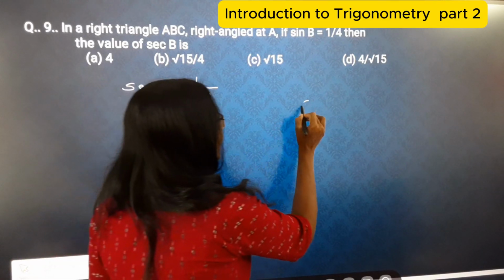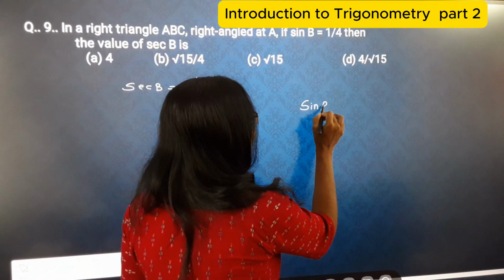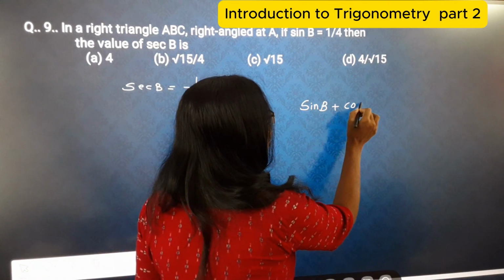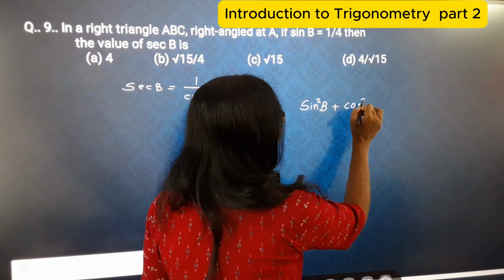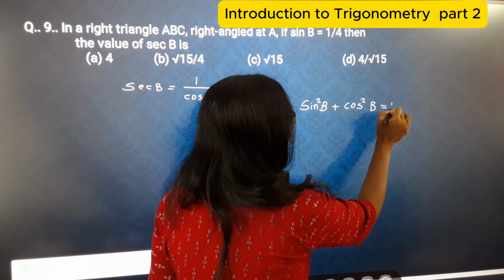We take the identity sin square B plus cos square B is equal to 1.